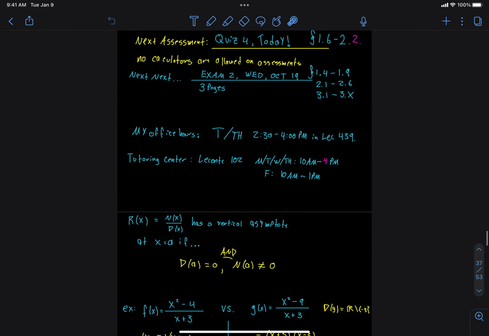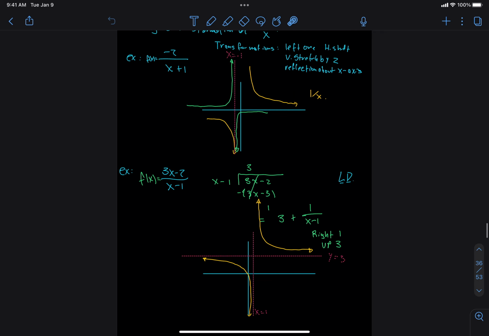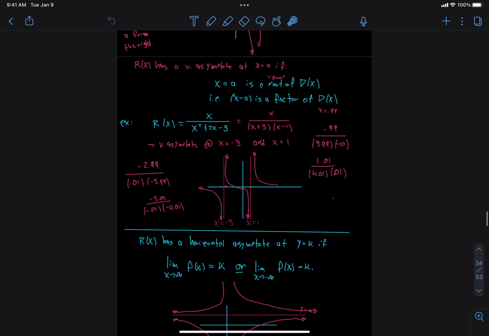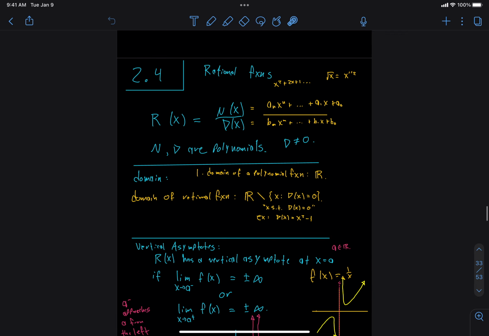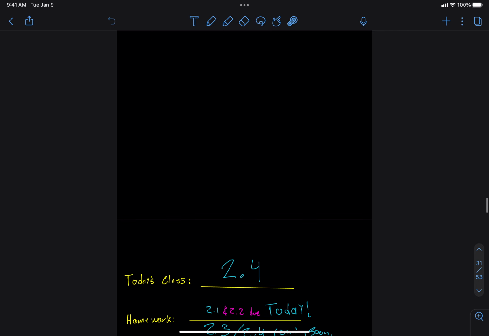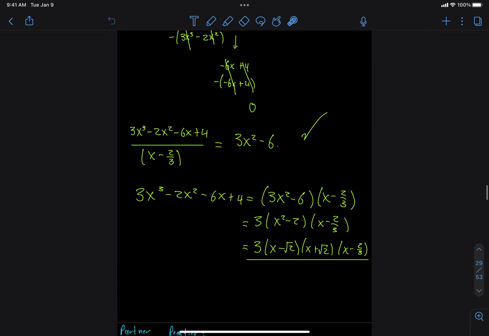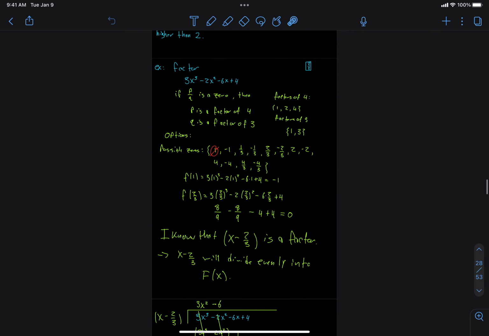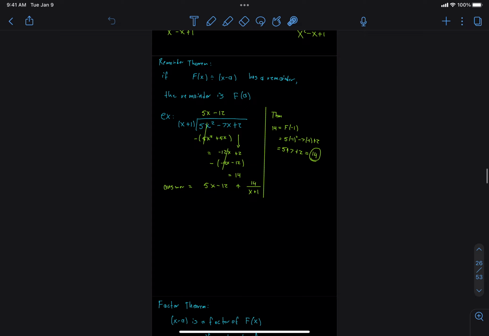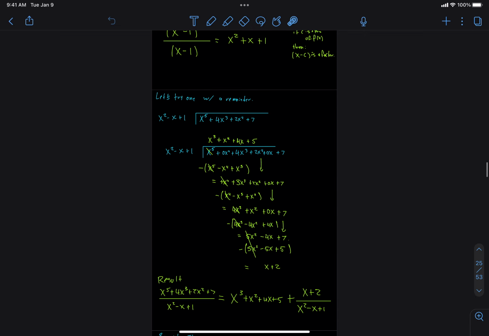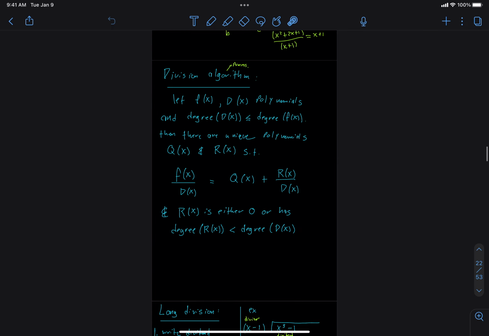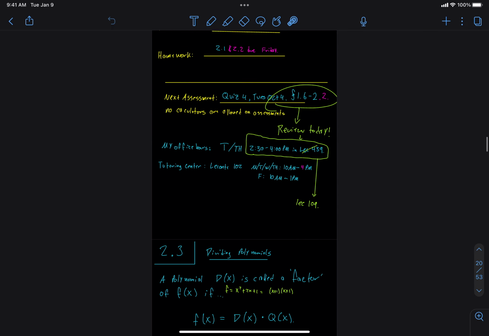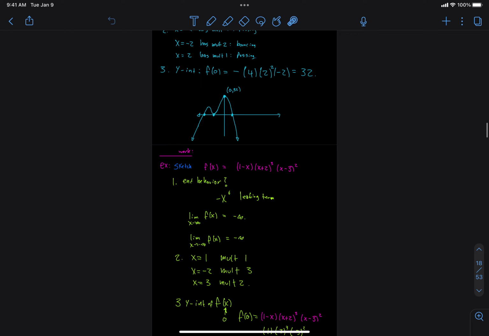What else? Okay, so before that it was just division. I would put the rational root test, the rational root theorem or whatever, on your formula sheet.